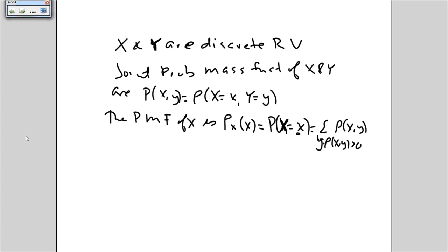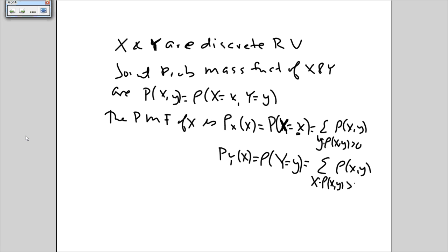Only y changes. And likewise, p of y, the probability that y is little y, is going to be the summation over all x's, such that the probabilities are positive.